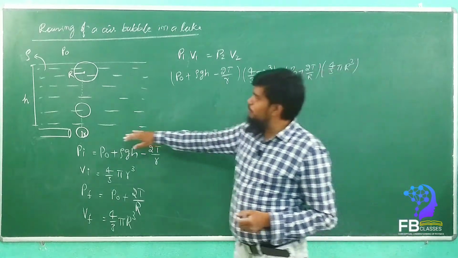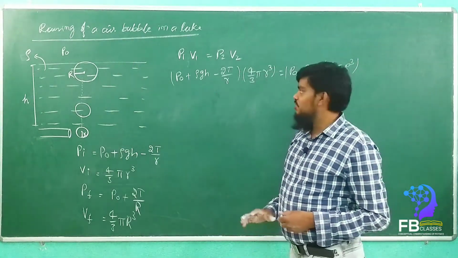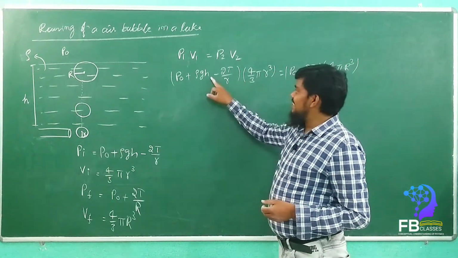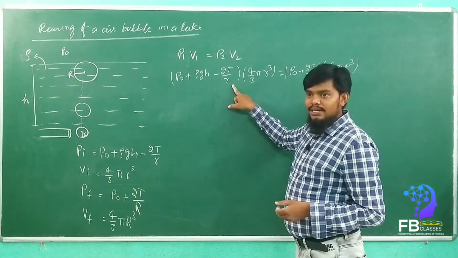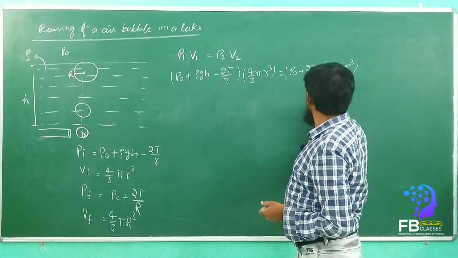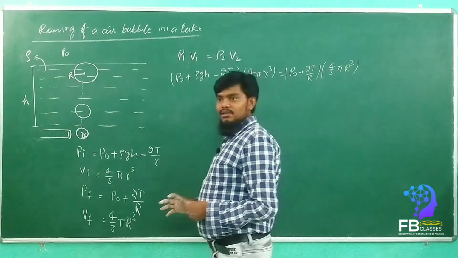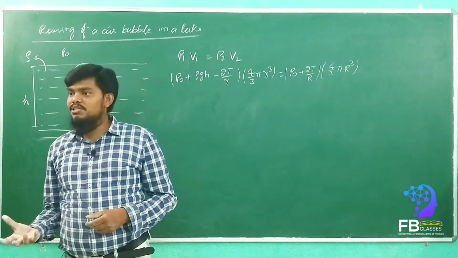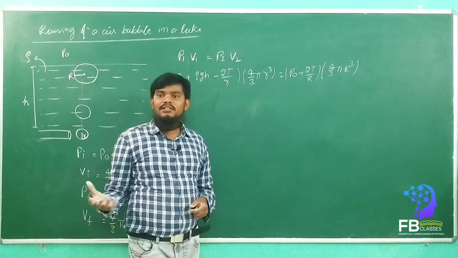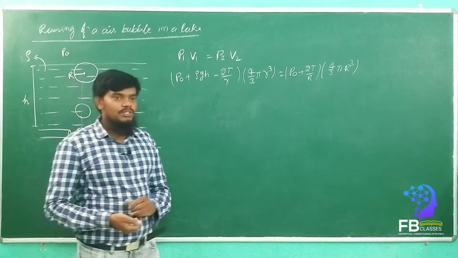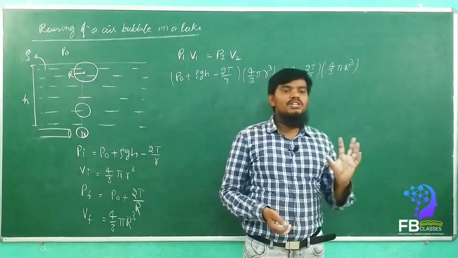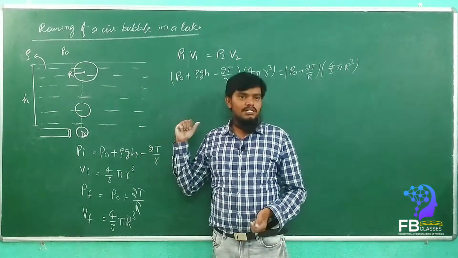Because from initial to final, it is constant only. That means there are only 3 variables: one is the height of the liquid column, second is small r, the radius of the small bubble, and the radius of the capital bubble. If any 2 variables are given, the third variable we can find very easily. Understand, everyone? Are you getting my point? So it is very easy to find with this equation.